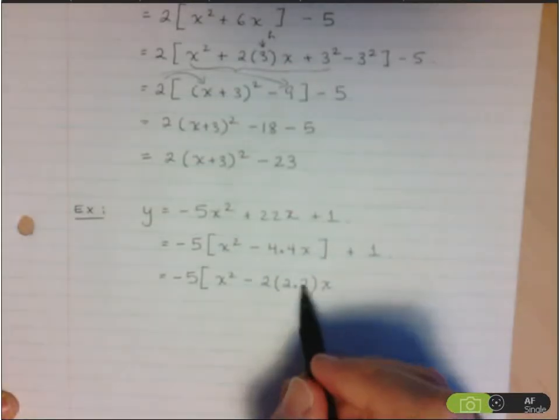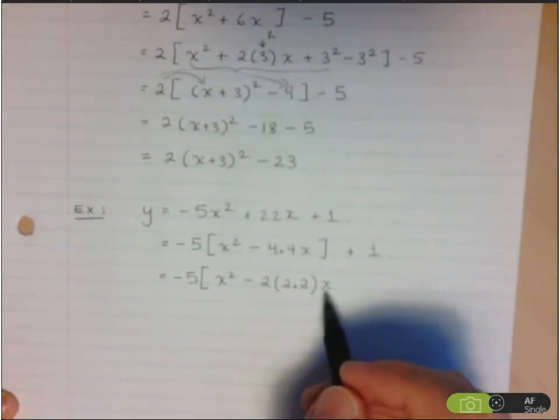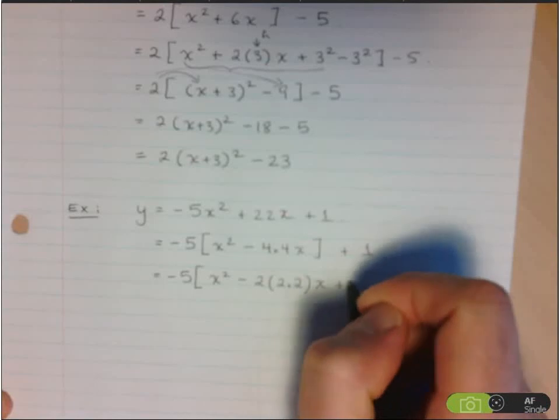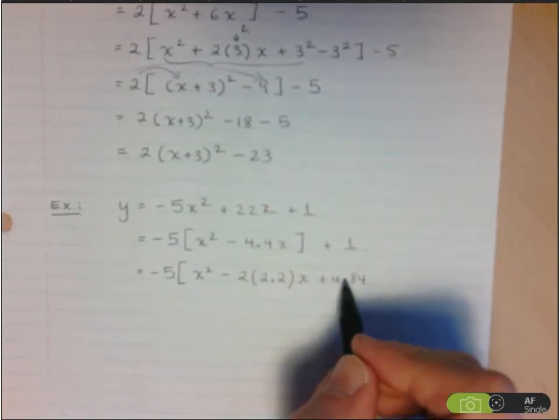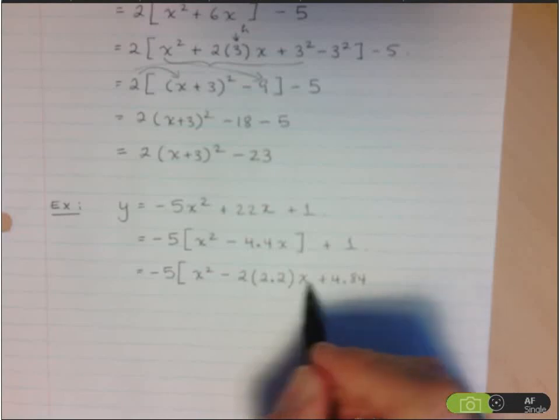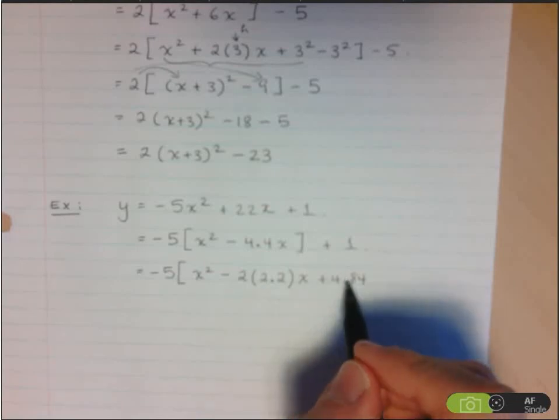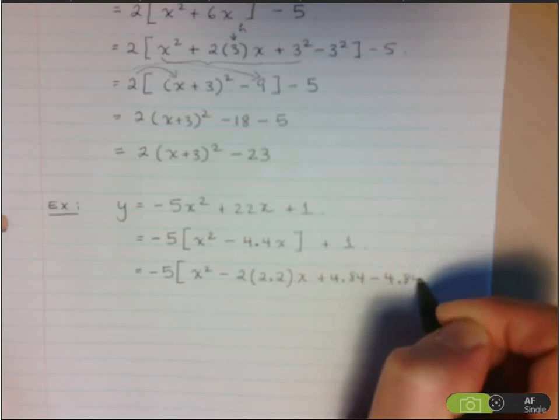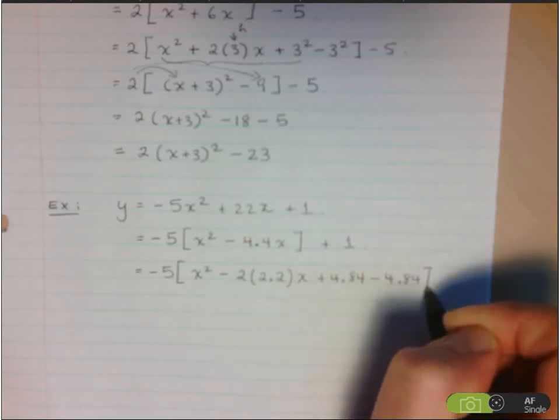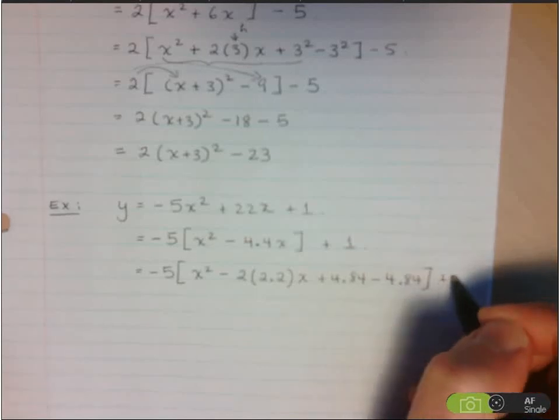And now we have to add 2.2 squared. I'm actually going to write it out directly. And 2.2 squared is 4.84. We added 4.84, which we needed to achieve our perfect square. But since we've added something new to the expression, we also have to subtract 4.84 to make sure we don't actually change the value. And then, of course, plus 1.